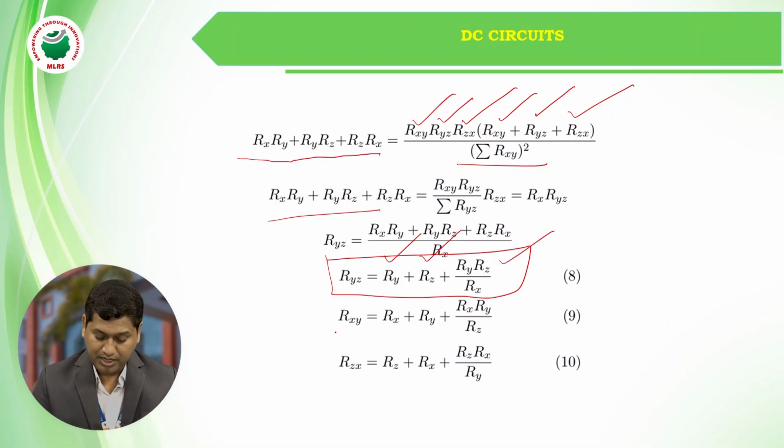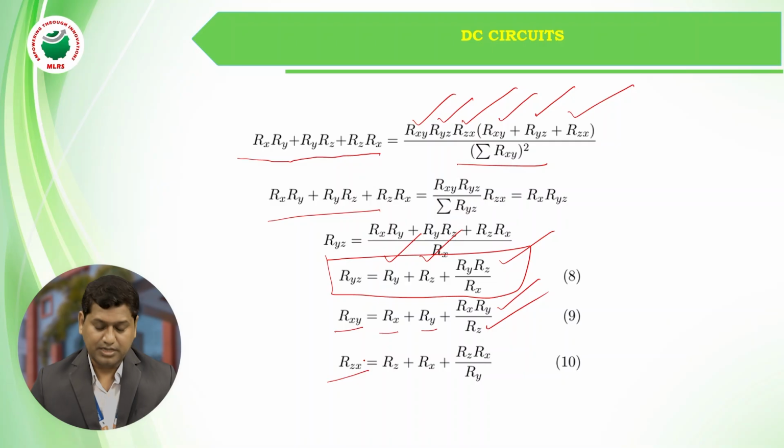Similarly, we get rxy as rx plus ry plus rx ry by rz. And similarly, rzx is equal to rz plus rx plus rz rx by ry.